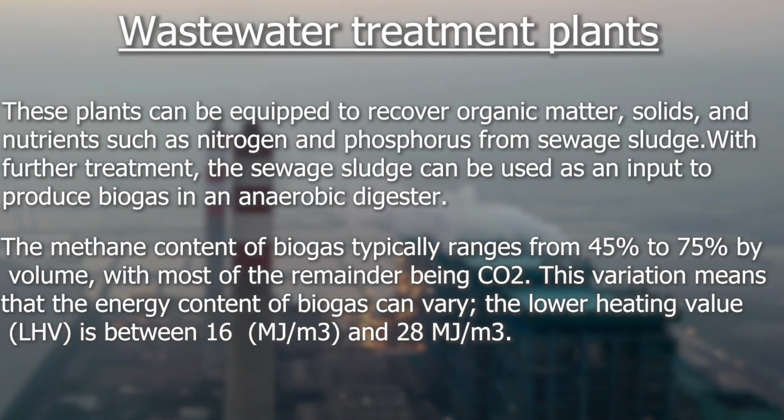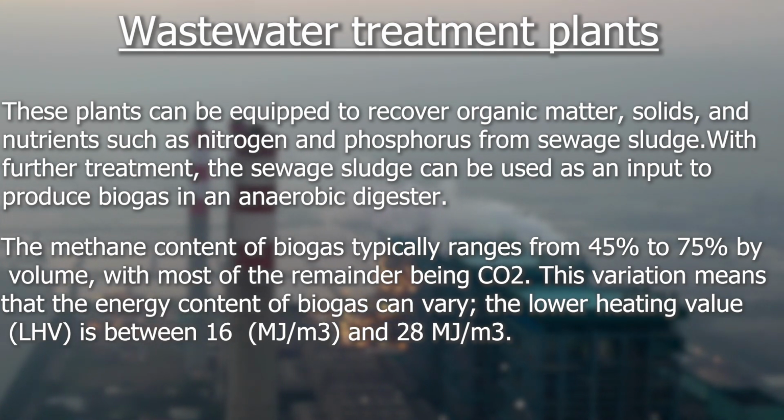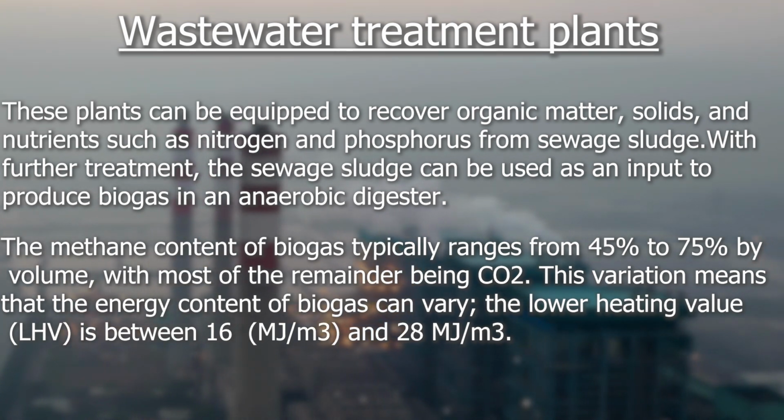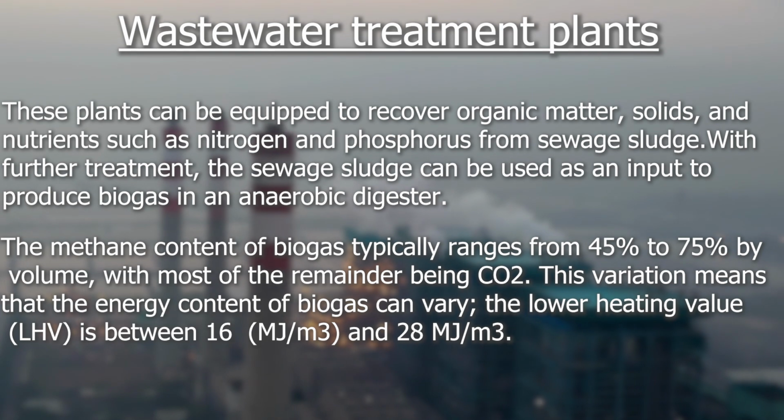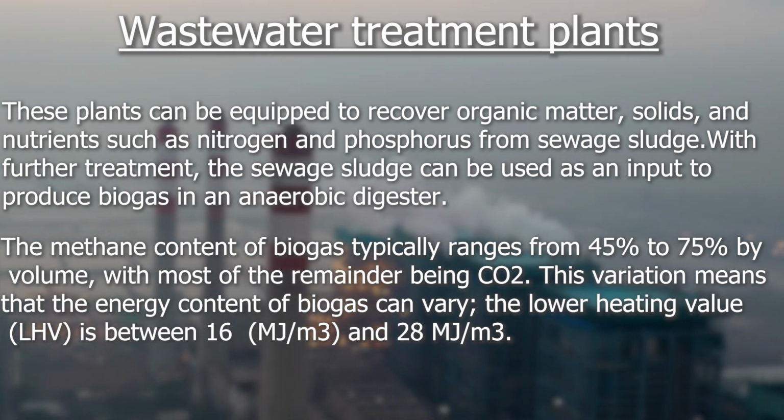This variation means that the energy content of biogas can vary. The lower heating value is between 16 megajoule per meter cube and 28 megajoule per meter cube. Biogas can be used directly to produce electricity and heat or as an energy source for cooking.